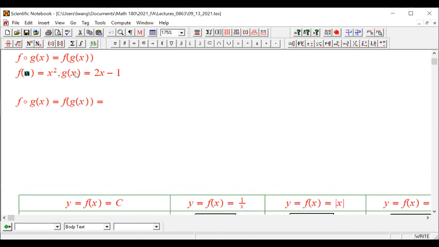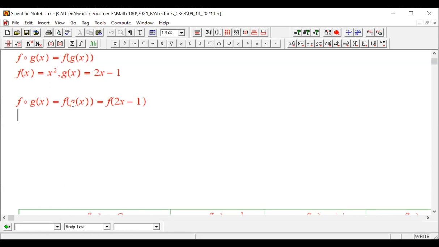This quantity, x, should be viewed as a placeholder. You guys understand what a placeholder is? It holds a place. So when I do g of x, I will do directly f of 2x minus 1, sorry, 2x minus 1. So I substituted g of x by 2x minus 1.